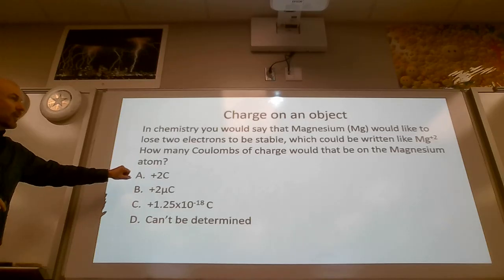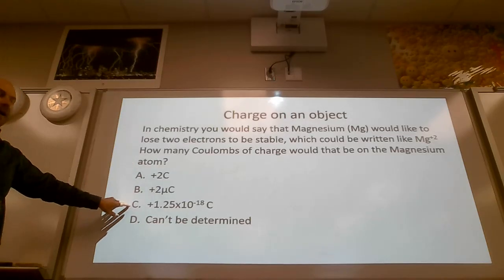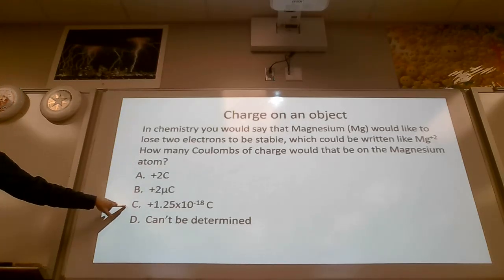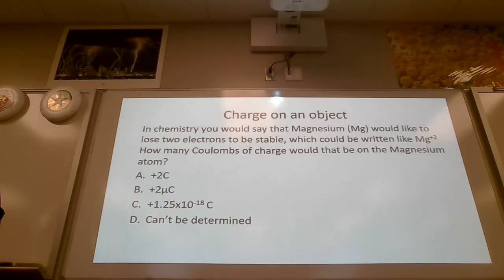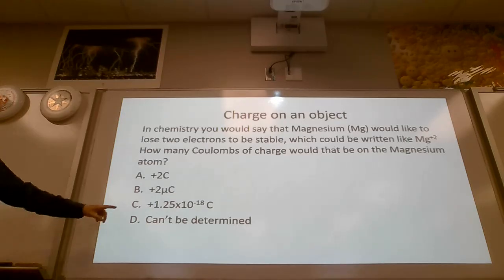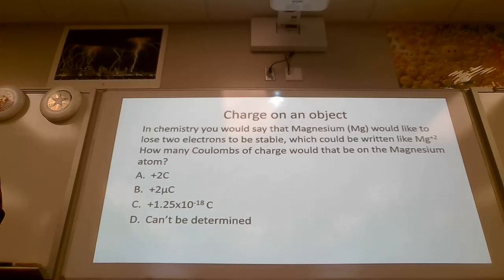If I have 2 extra protons, I have a small fraction of a Coulomb. You okay with that? It'd be 2 protons, which have this charge. Okay? Good with that? What a Coulomb is?